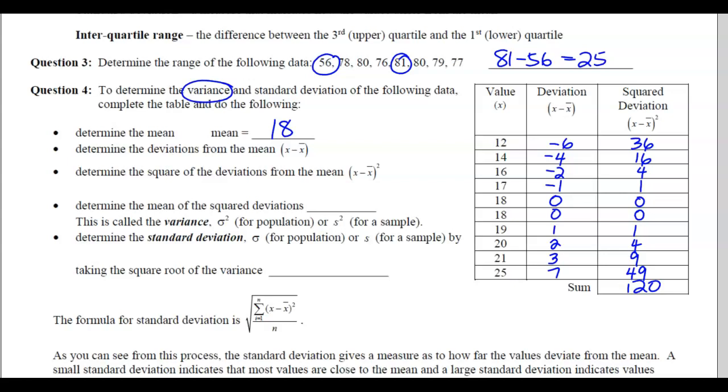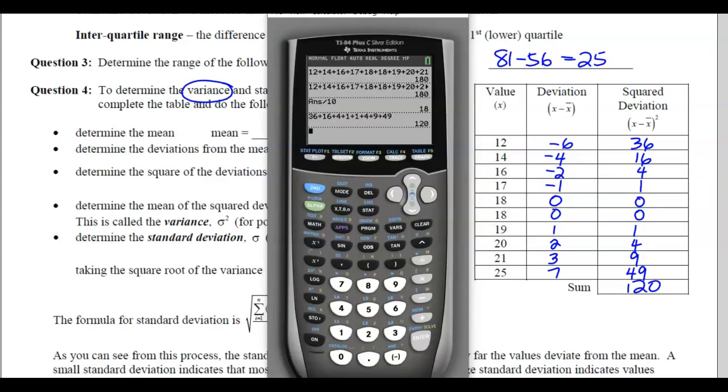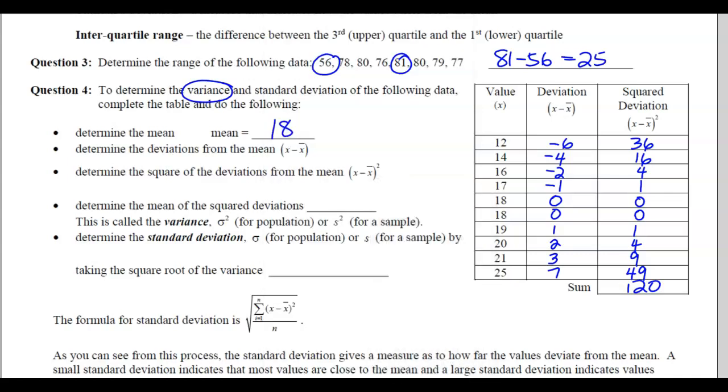Then find the average, so the mean of the squared deviations, and that's what's called the variance. 120 was the sum. There was 10 of them. I don't need my calculator. So that's going to be 12. Okay, so we calculated the variance.